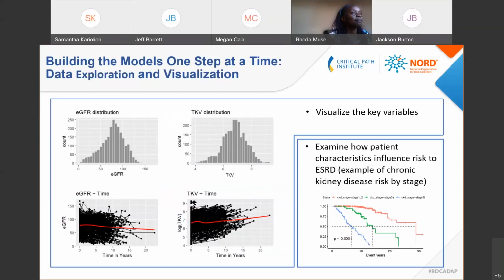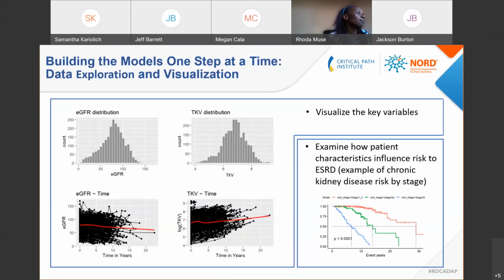Okay, so the first step in our model building was to visualize the key variables of interest, the longitudinal markers, TKV and eGFR, and our time to end-stage renal disease. So on the left-hand side, we see the visualization of the longitudinal markers, and at the top, we see that both eGFR and TKV on the log scale are symmetric and approximately normal.